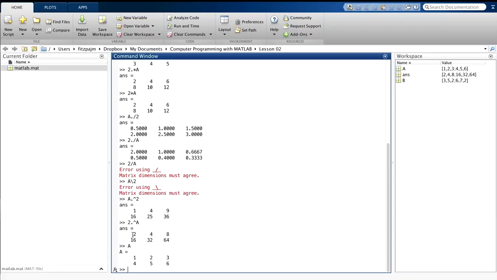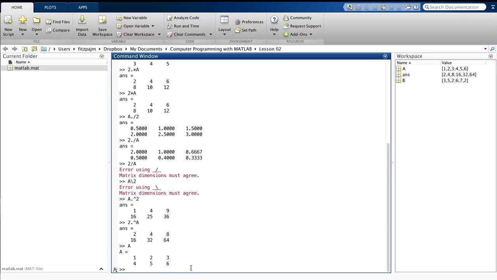Here we have 2 because we've raised 2 to the 1 power here. Here we have 4 because we've raised 2 to the 2 power. Here you have an 8 because we've raised 2 to the 3 power, and so on, until we get all the way down here to 64, which is 2 raised to the 6 power.